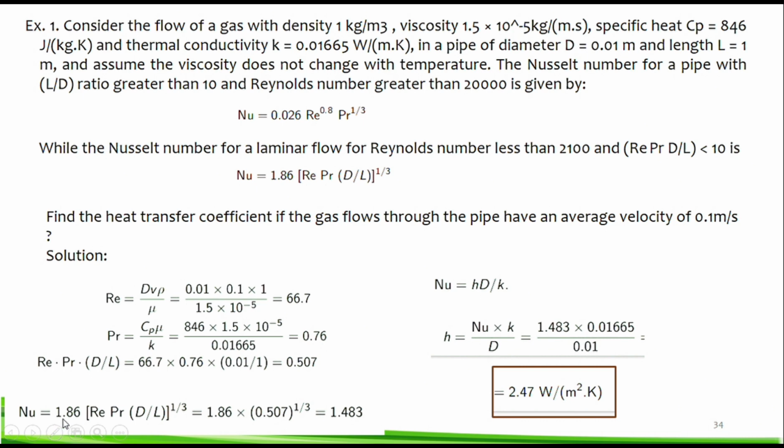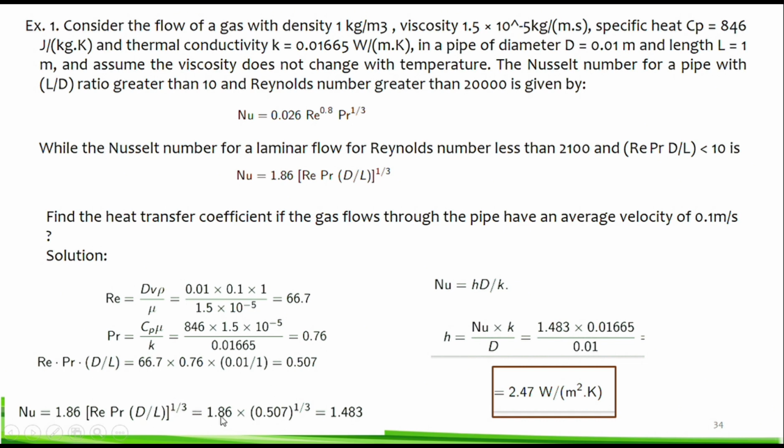To relate the Reynolds number and Prandtl number to the Nusselt number, we use the Nusselt number for laminar flow, which is 1.86 multiplied by the Reynolds-Prandtl multiplied by the diameter over the length, raised to 1/3.